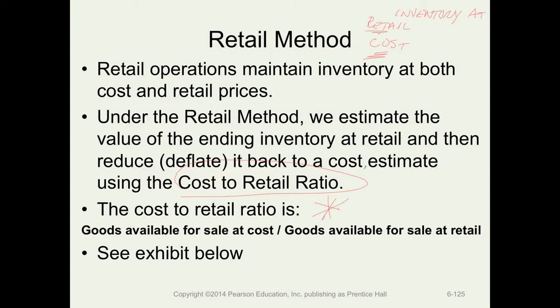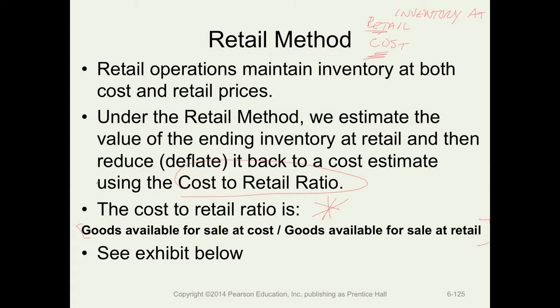We take the ratio of the cost of goods available for sale at cost and divide that by the cost of goods available for sale at retail. So it's very similar in its methodology, except that rather than using the cost of goods sold percentage, we use the cost to retail ratio as our deflator.